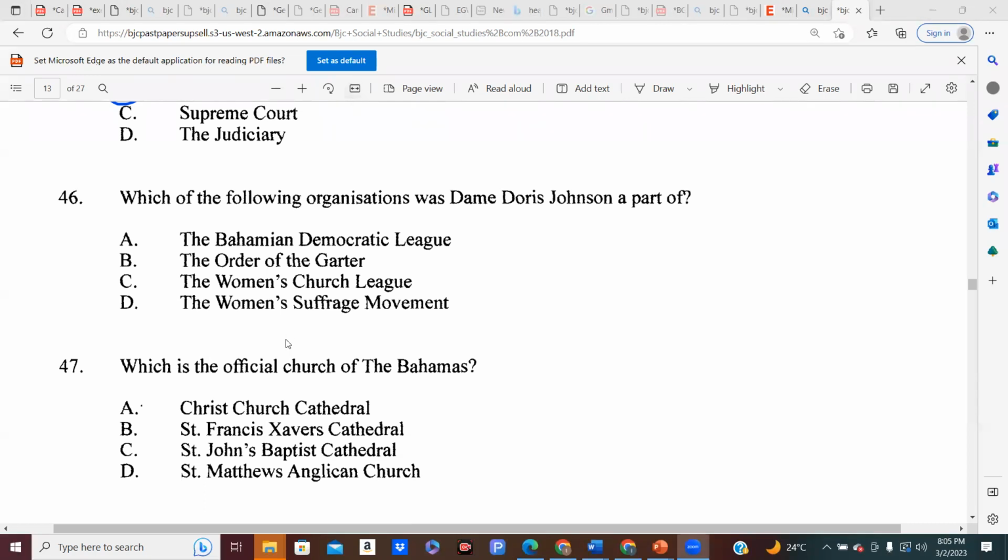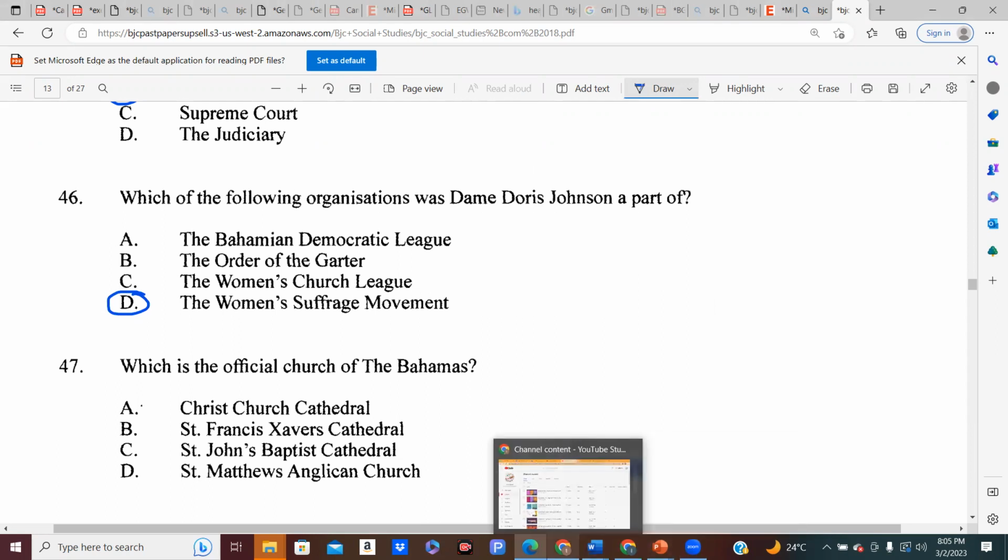I don't want what's in your book, I want what's in your mind. The women's suffrage movement is about women's rights, right? Yes, sir. So she fought for women's rights, and so she was definitely a part of the women's suffrage movement. So Dame Doris Johnson was a part of the women's suffrage movement.